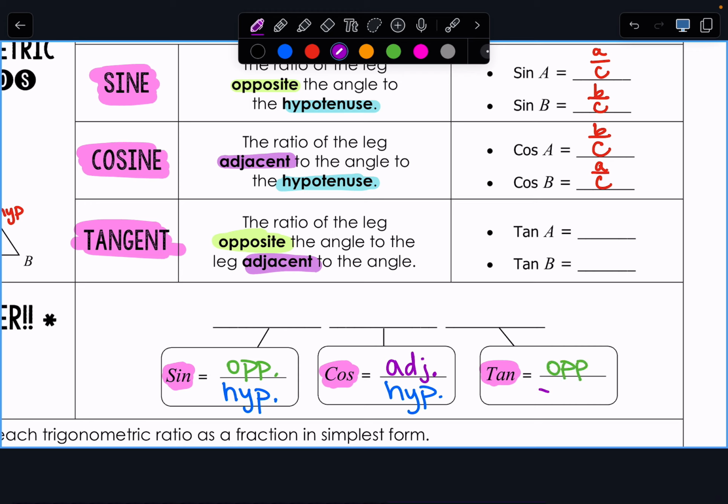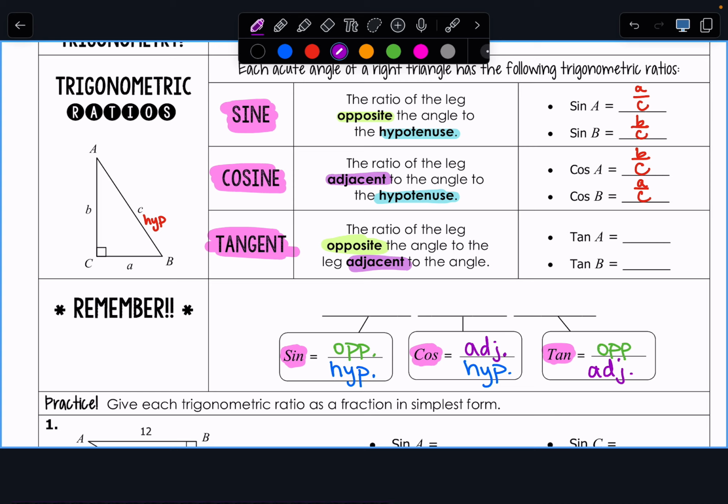If I look at angle A, you told me A was opposite and B was adjacent.